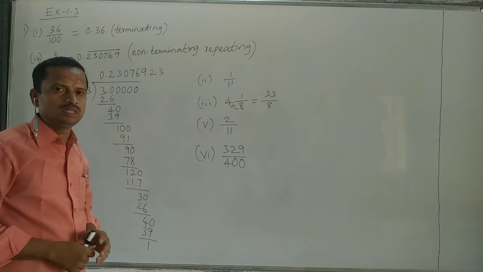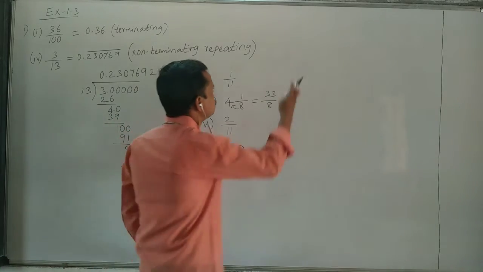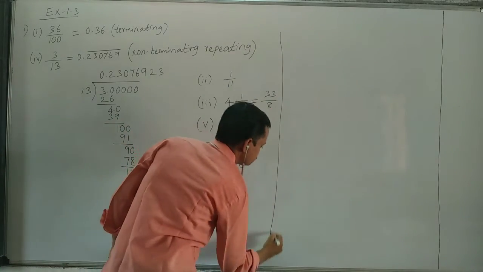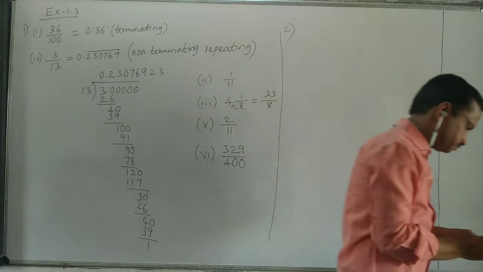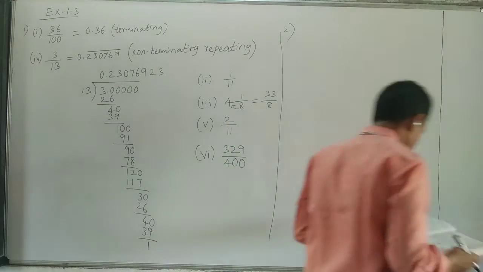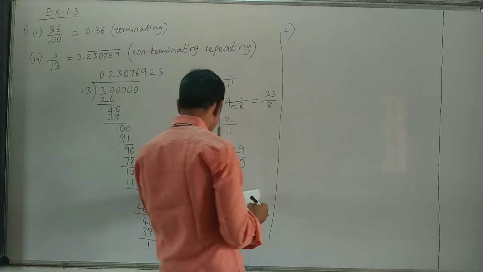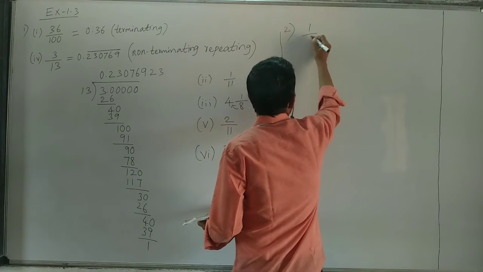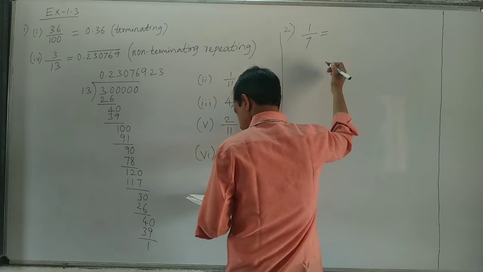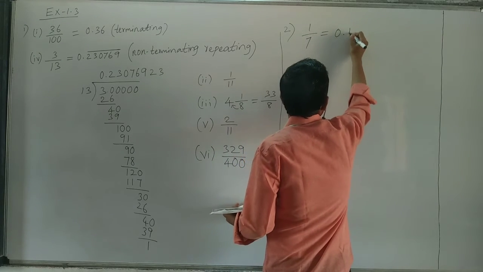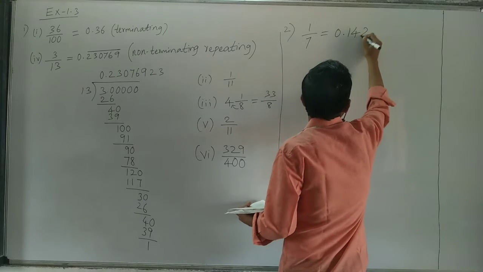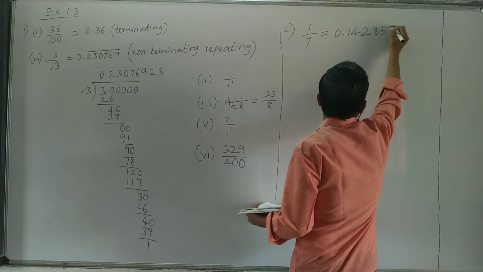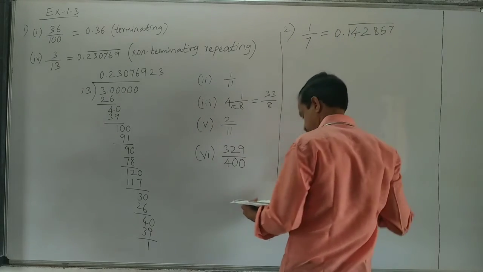And now you move to the second sum. It is given that 1 by 7 equals 0.142857.